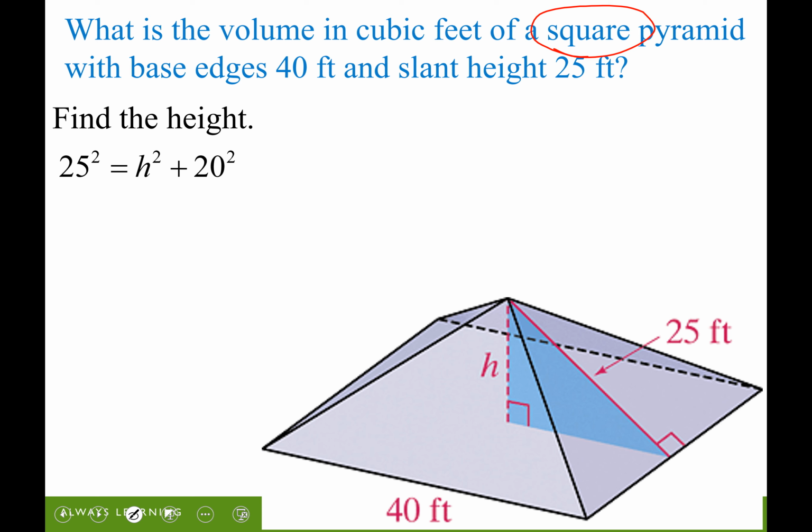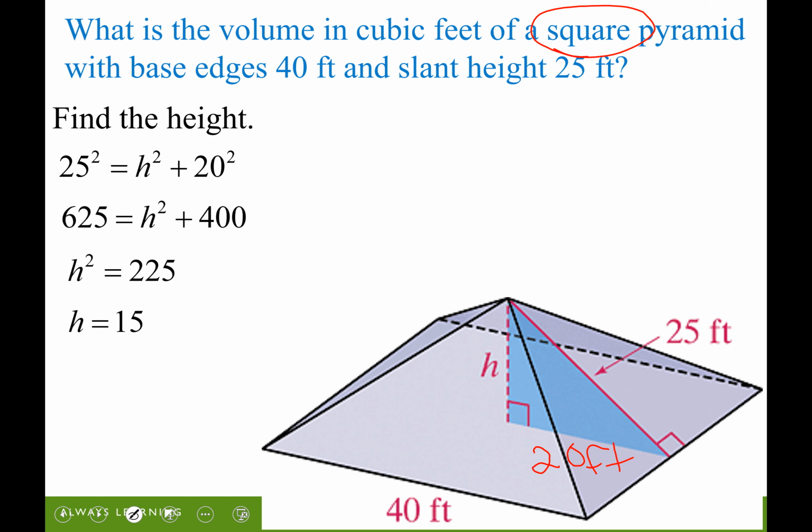And we can do that by zooming in on this blue triangle inside of there. This triangle is half of the base edge, so it's 20 feet, hypotenuse of 25 feet, and so we're looking for the other leg. So we do 25 squared is equivalent to h squared plus 20 squared, which gives us the height of that triangle at 15 feet.